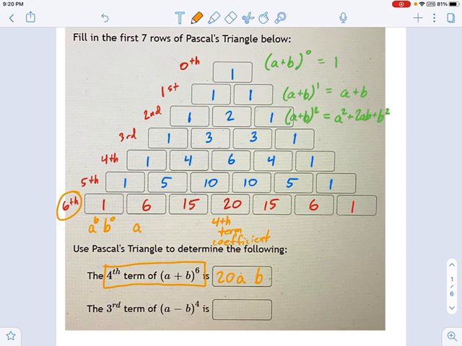And then you have a^5 times b^1. Then you have a^4 and b^2. And then when you get to the fourth term, this is going to be a^3 b^3. All right? So if we have a triangle in front of us, we can quickly find any term of a binomial expansion.